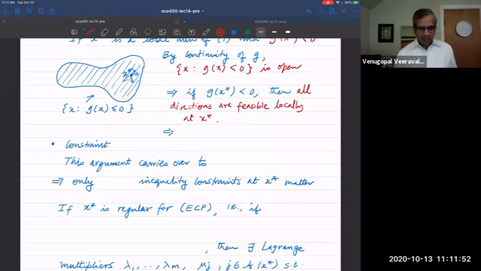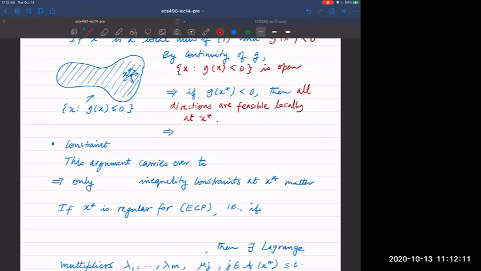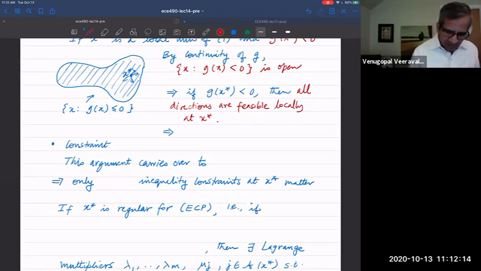All directions are feasible. So if all directions are feasible, then what's the necessary condition for x star to be a local minimum? Yeah, gradient equals 0. Very good. So the constraints don't matter for interior points. We saw this more generally in lecture 10 when we looked at minimization over closed convex sets.